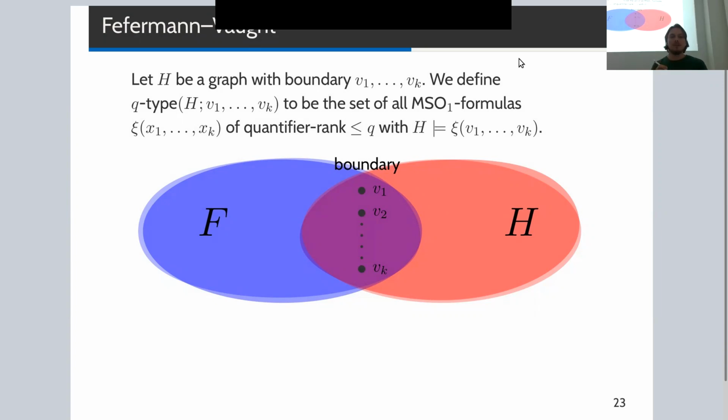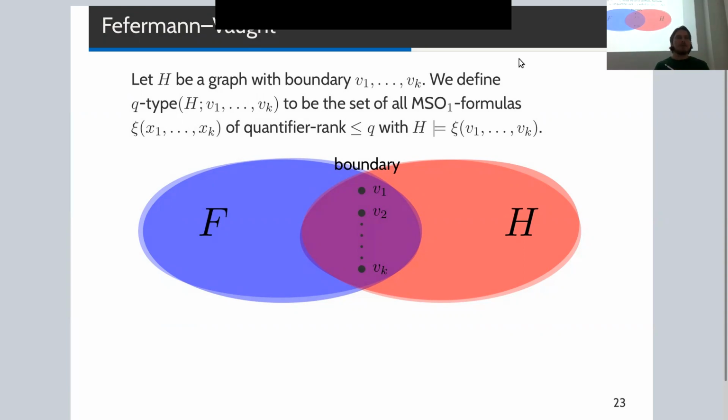So if you want, you can think of this Q type as saying: what can MSO1 say about the vertices in the boundary using at most Q quantifier nestings? Everything that can be expressed about the vertices inside the boundary using a bounded number of nested quantifiers, that is what we call the Q type. So in particular, there could be a formula that expresses there exists a coloring of the graph such that V1 to Vk are colored red.